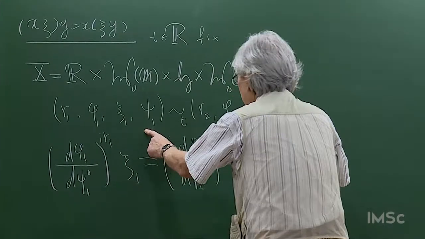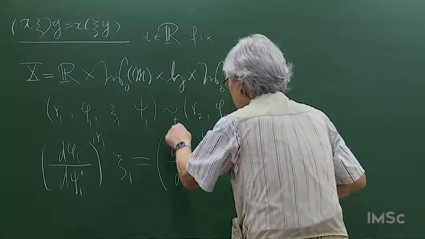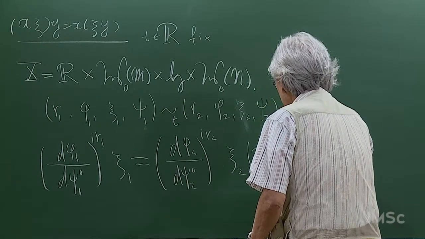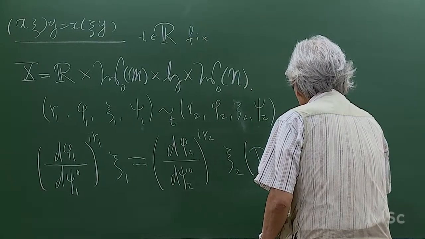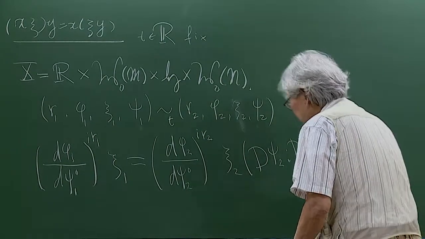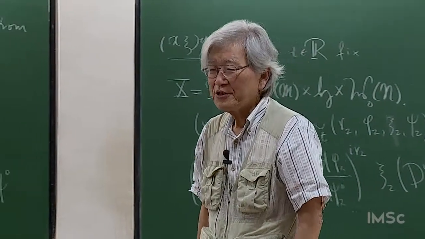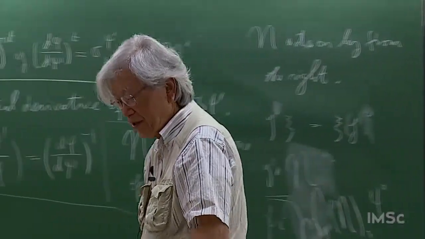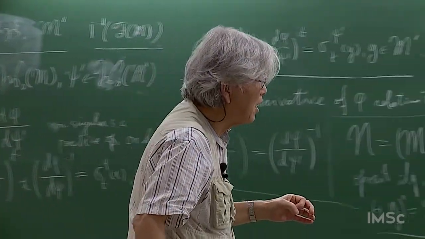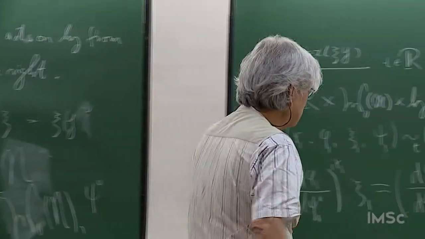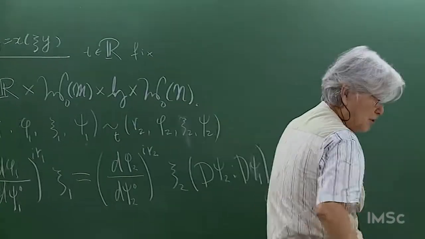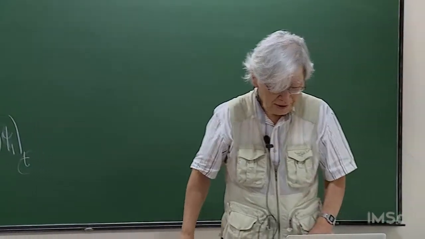Now we relate psi 1 and psi 2 according to T: d psi 2 over d psi 1 at T. This is the relation, tilde. Each time it depends on this T, very strongly depends on T.